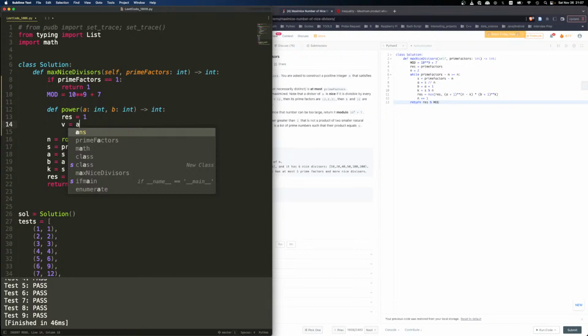Okay, divide by 2, and it's something I cannot divide by 2. And then I need to think it through. So if it's 2 to the 6, okay?